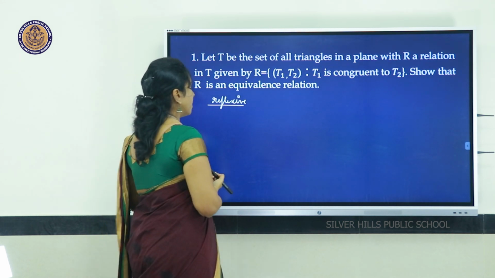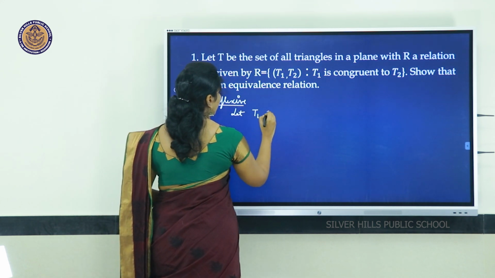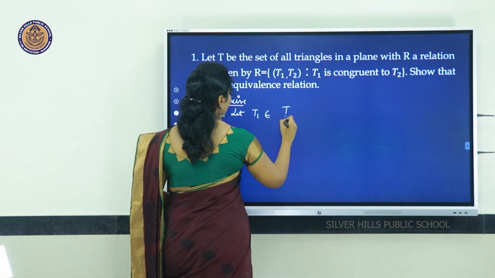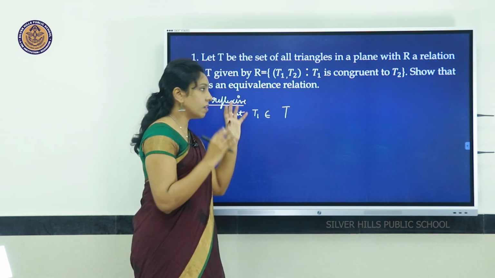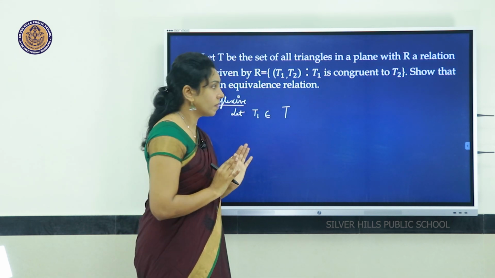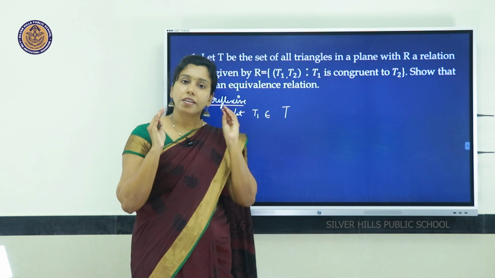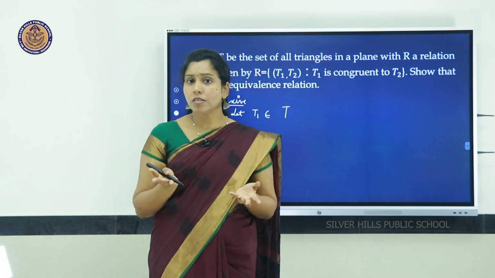Reflexive. Let T1 belong to T. That means I took a triangle T1 from the set of all triangles, denoted by T. I can always say a triangle is congruent to itself. That result is true.